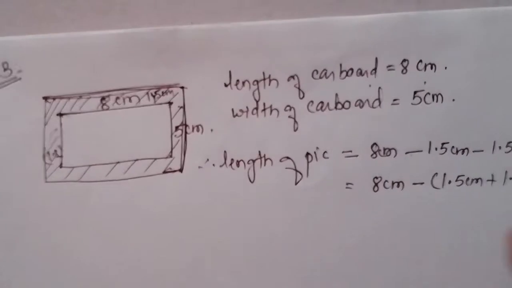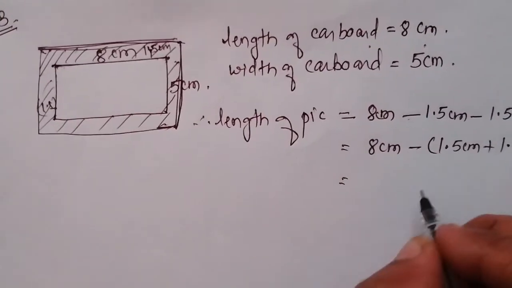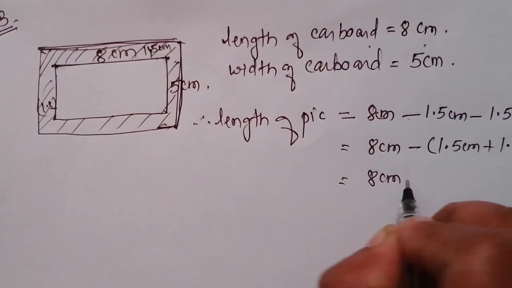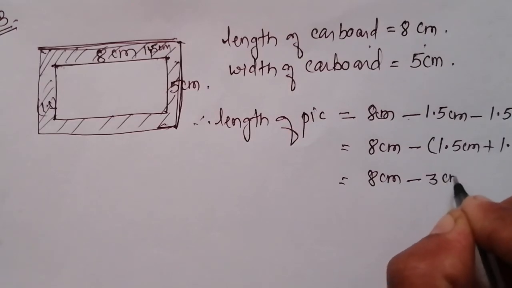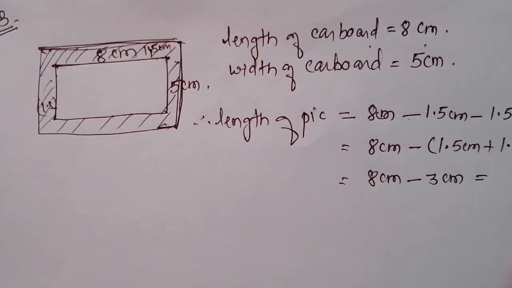Understood? That means 8 centimeter minus 3 centimeter is equal to 5 centimeter.